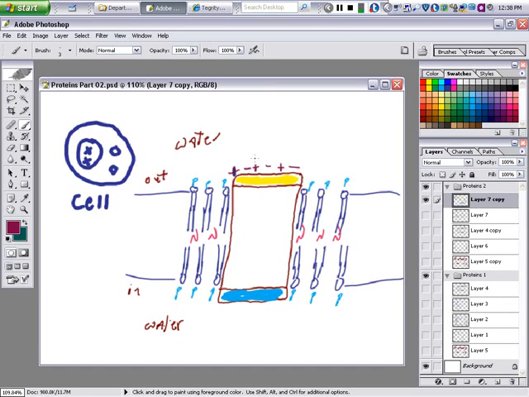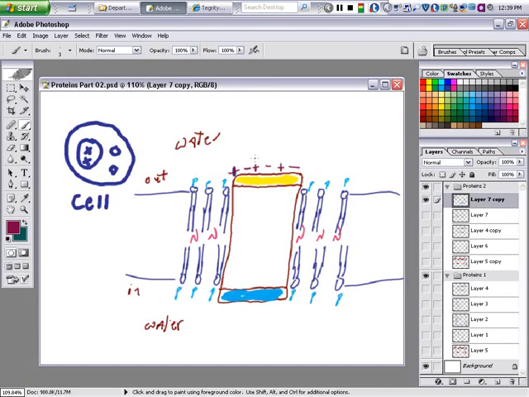Now, let's look at the blue region at the bottom here. This part goes to the inside of the cell. So is this blue region in contact with polar substances, or is it in contact with hydrophobic substances? Polar substances, in contact with water, exactly. So what type of amino acids are we going to need to have here?